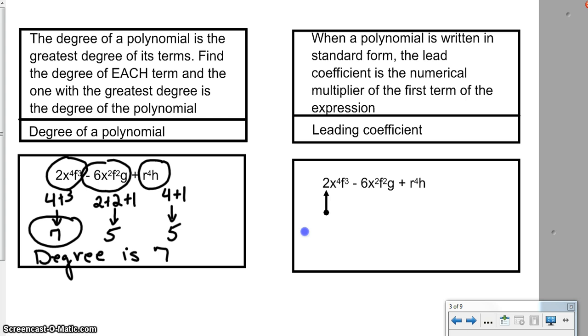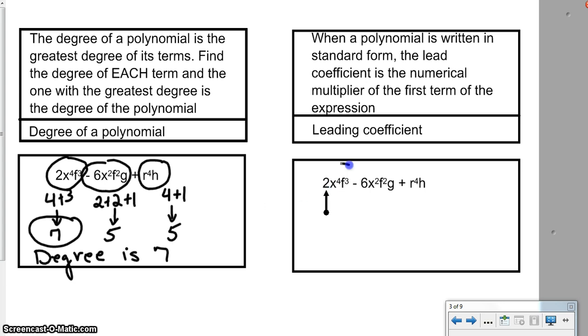Leading coefficient. When a polynomial is written in standard form, the leading coefficient is the numerical multiplier of the first term of the expression. Please notice the example. We are writing this in terms of x, and so when I look, x to the 4th, then it goes x to the 2nd, and then of course it goes x to the 0 for the last term.